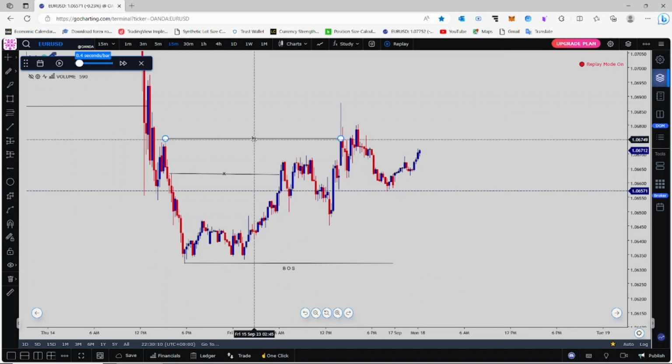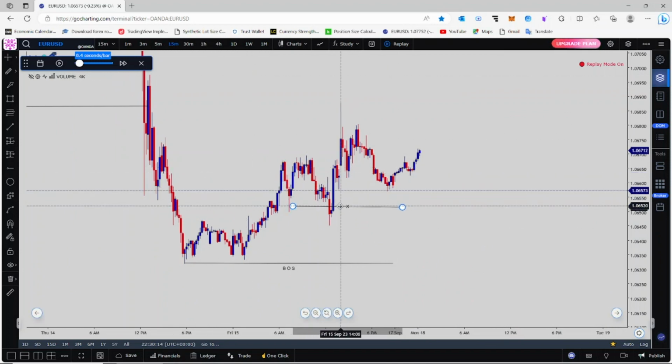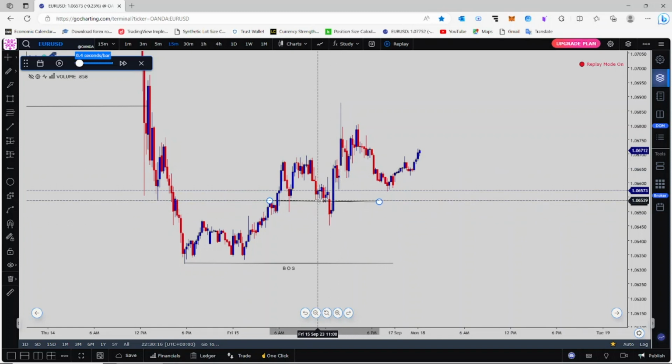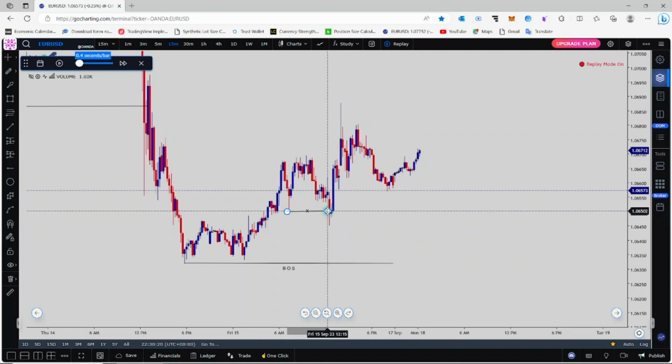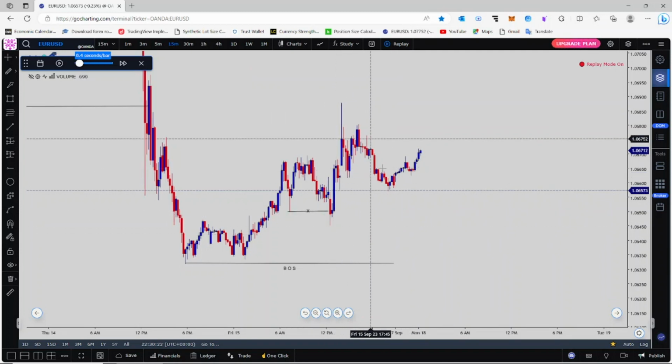As we can clearly see here, Euro took an inducement right over here, and started going up.